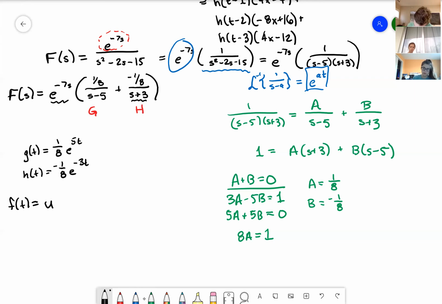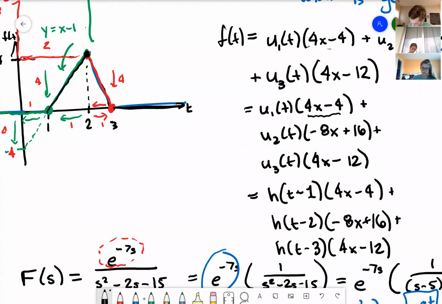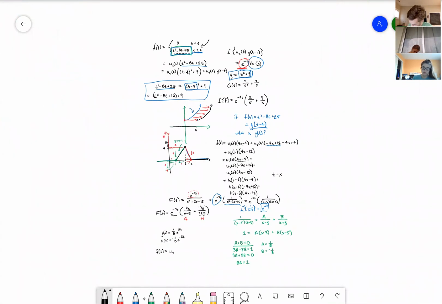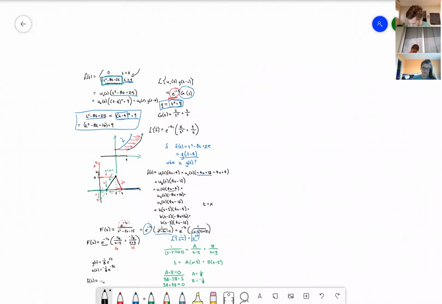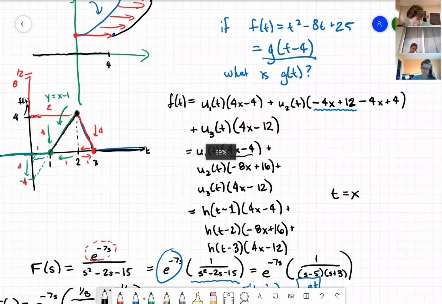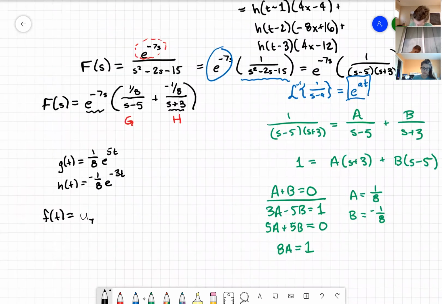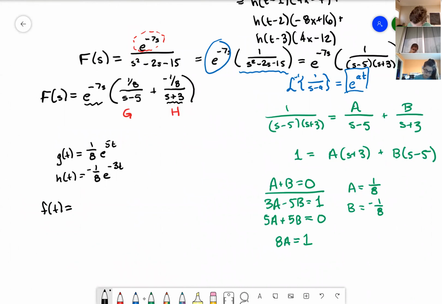So we need to turn it on. Okay, shift forward by 7. So we want this thing to turn on at 7.